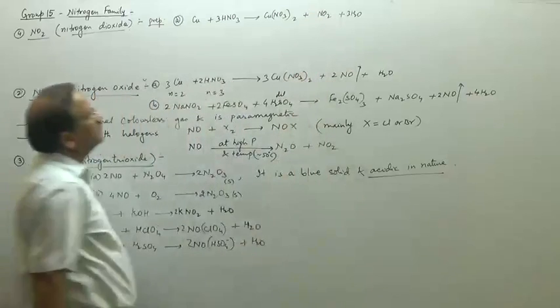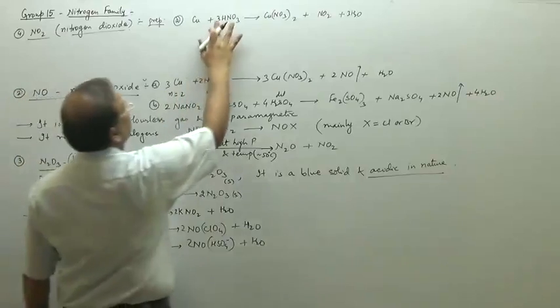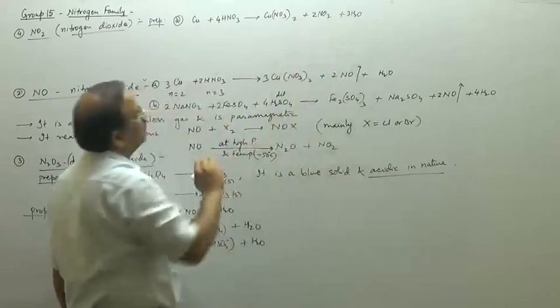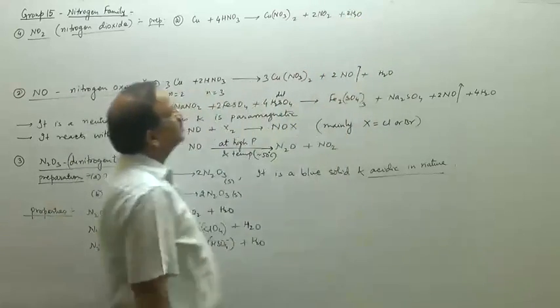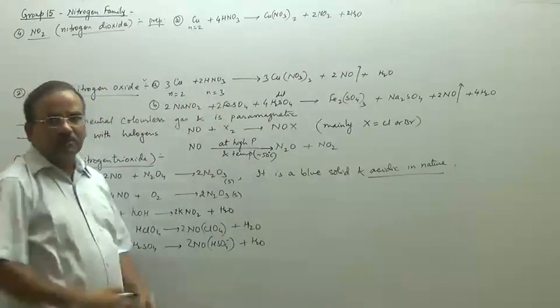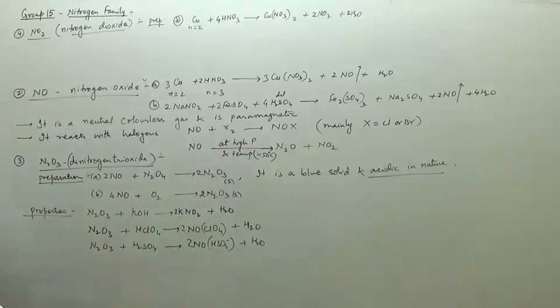To balance it, since this is twice, we should write this as 4. Now it is balanced because we require twice H2O. The reaction is balanced because the n factor of this is equal to 2, whereas the n factor of this is equal to 1. You multiply by 2 because we get half NO2.